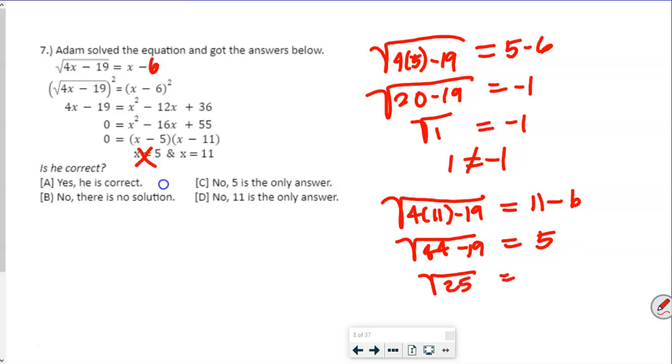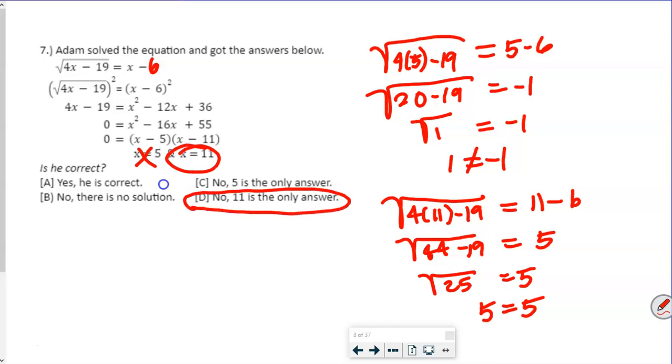Does that equal 5? Sure does. So 5 does equal 5. So our answer here is the 11, okay? Because that one did check out. So the answer here is D, because what he said was that both were correct. Whereas 5 is an extraneous solution and 11 is the actual solution.